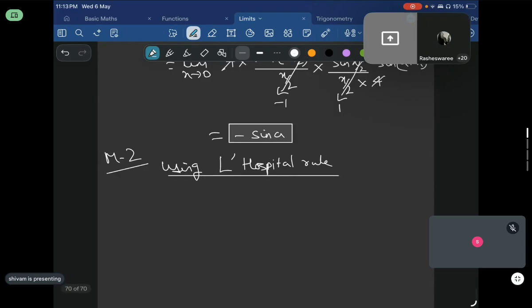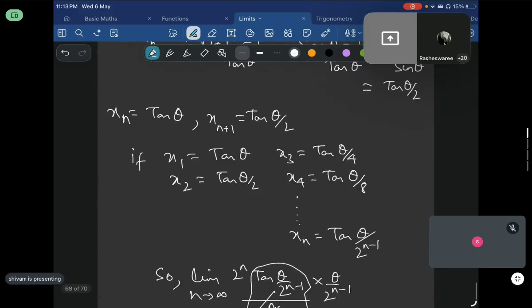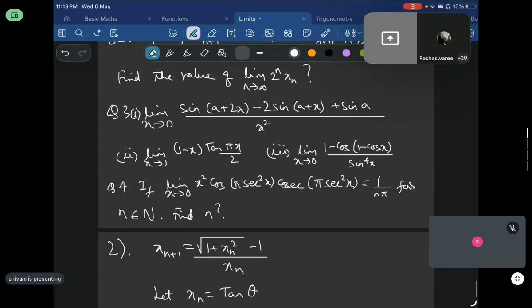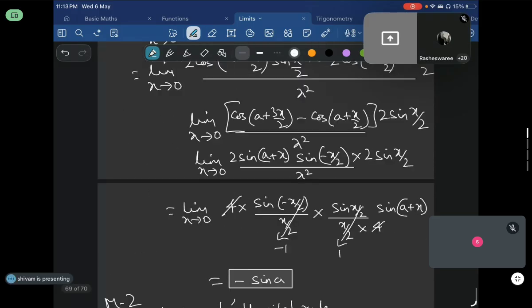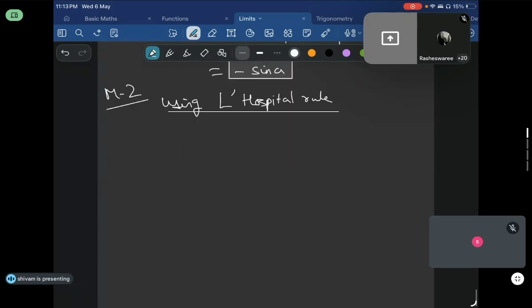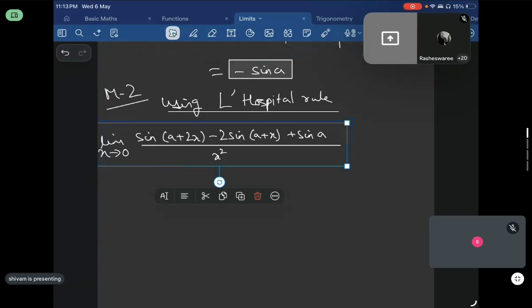Okay. Soham, check part 2. Okay, everyone, method 2. If you are unable to understand the first method, pay attention.